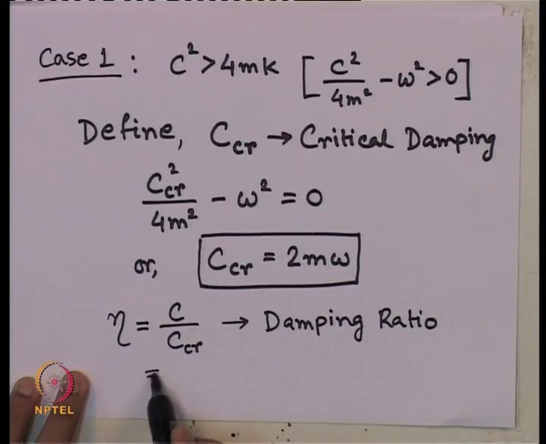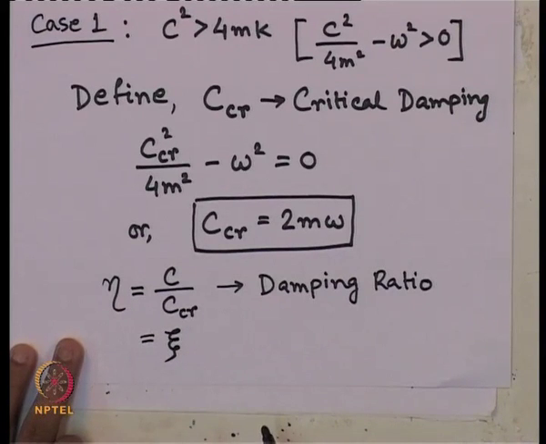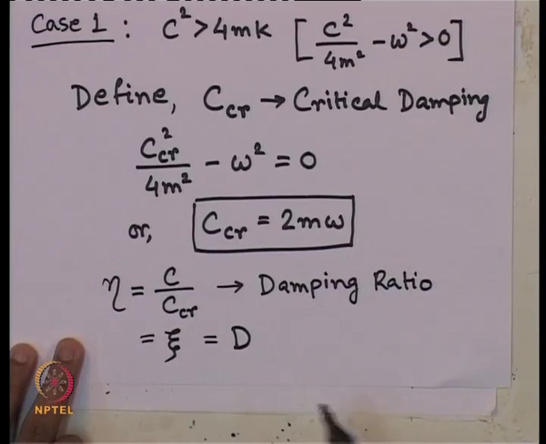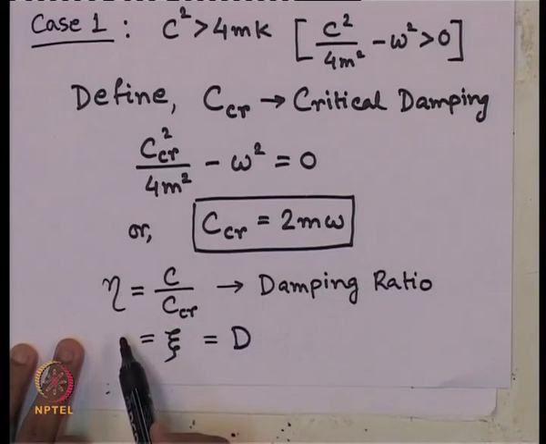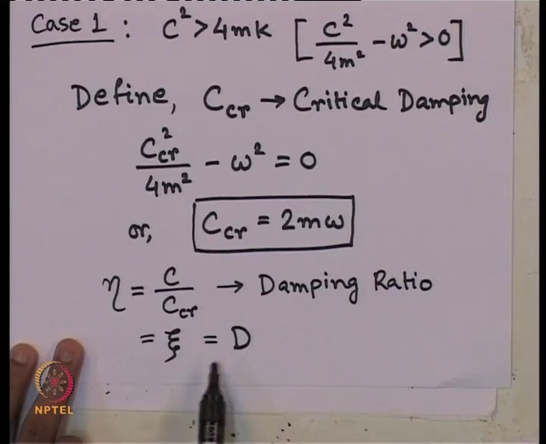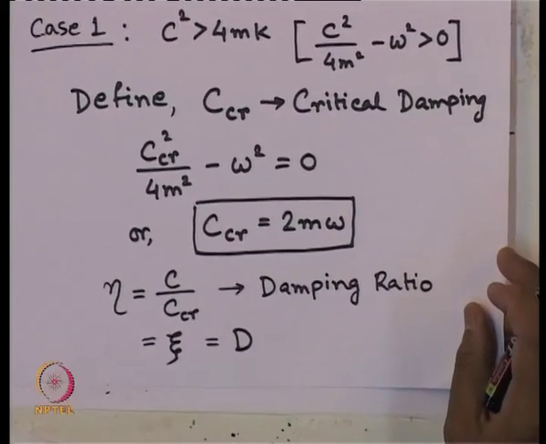In some books you will find they use some other notation like this. Anyway, it does not matter. Some books have used the notation of capital D. So, these are the standard notations used for damping ratio in different textbooks. For our course I will try to stick to this Greek symbol eta as the symbol for damping ratio, but you will find different symbols for damping ratio in other textbooks.